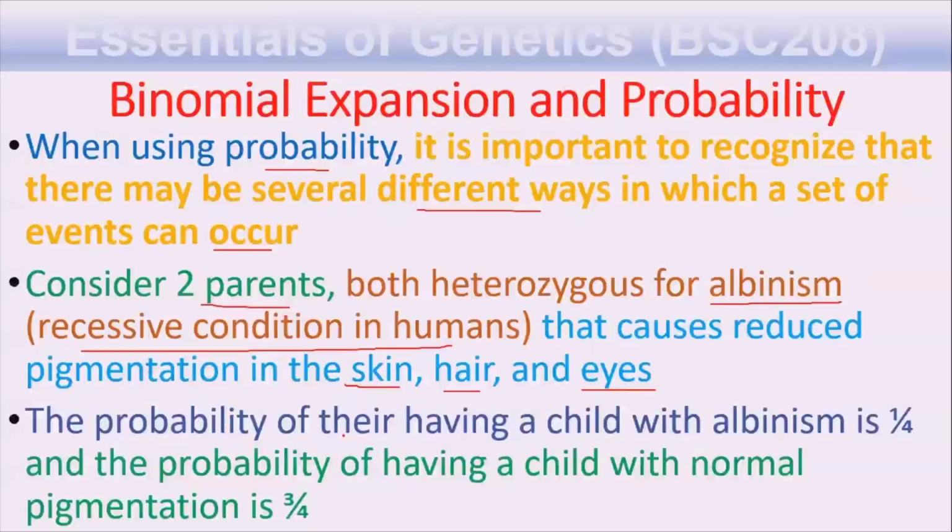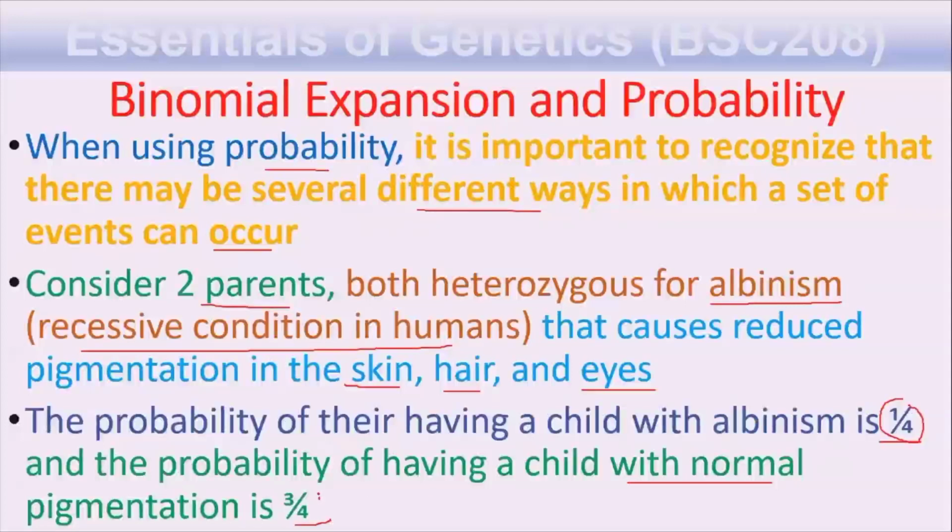So for these two parents, the probability of having a child with albinism is 1 by 4, and the probability of having a child with normal pigmentation is 3 by 4. So how are these probabilities calculated?